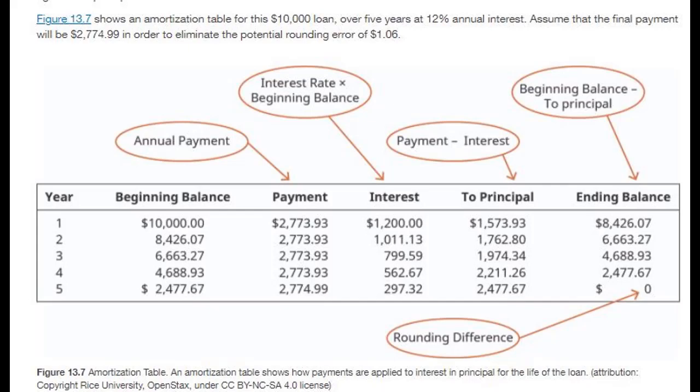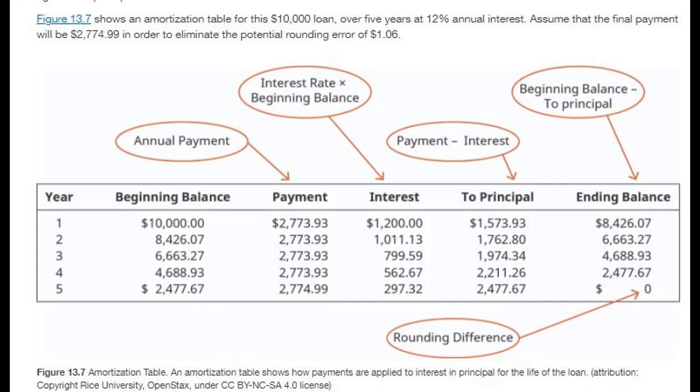The amount that you owe at the end of year 2, the ending balance of the debt, is $6,663. And you just keep that process rolling through year 3, through year 4, and through year 5.